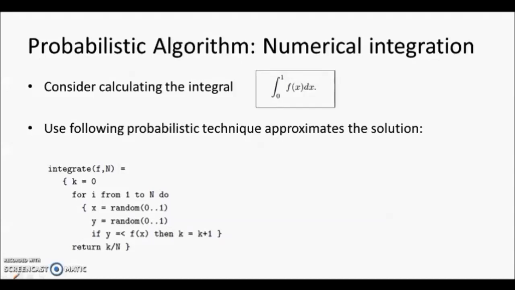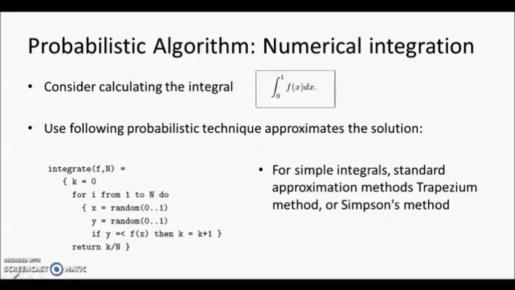This is the algorithm where we select points in the 0, 1 square at random and test whether or not they are below the curve. The result is the proportion of those below the curve. Another probabilistic method is to choose points at random on the x-axis, calculate the value f of x, and take the average of all these cases.